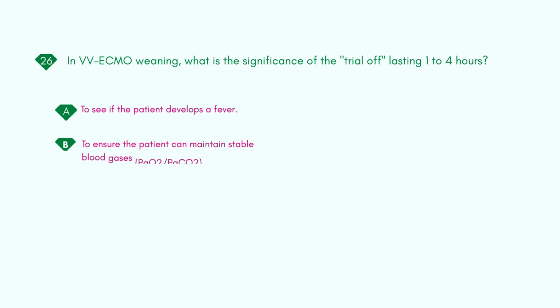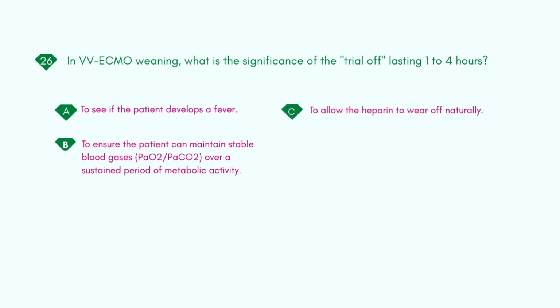In ECMO weaning, what is the significance of the trial off lasting 1 to 4 hours? A. To see if the patient develops a fever. B. To ensure the patient can maintain stable blood gases, PAO2/PACO2, over a sustained period of metabolic activity. C. To allow the heparin to wear off naturally.